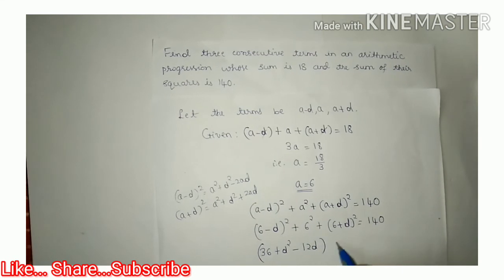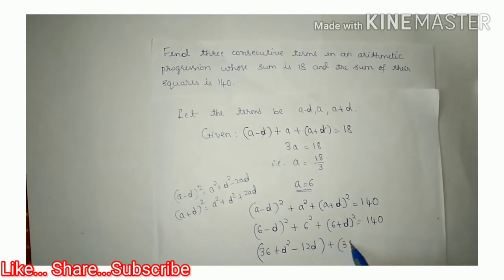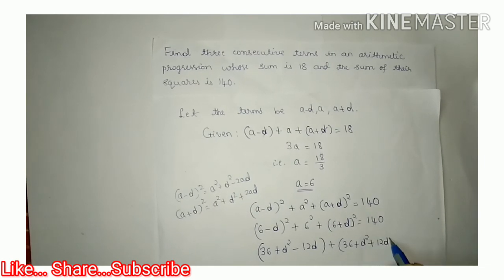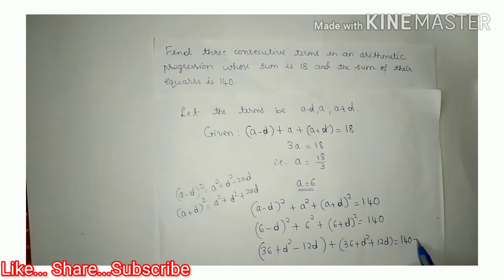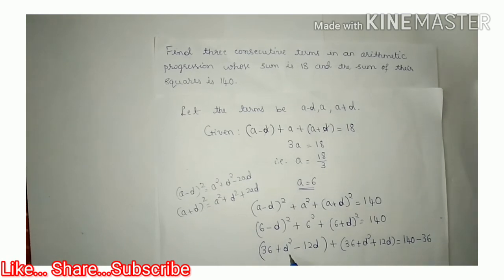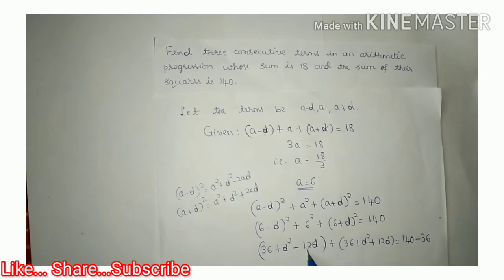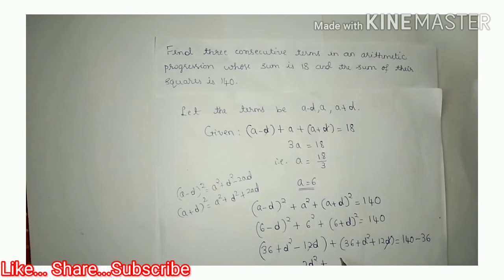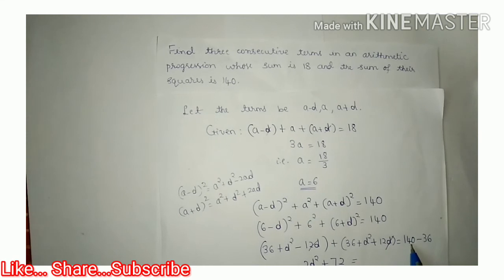Take 6 square to the right hand side: 36 plus D square plus 12D is equal to 140 minus 6 square, 36. Here minus 12D plus 12D cancel, giving 2D square plus 36 plus 36, 72, is equal to 140 minus 36, 104.